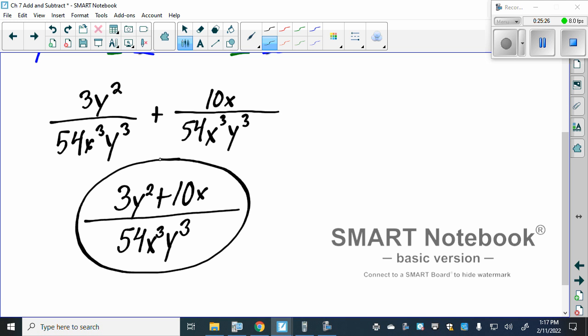Unfortunately, we can't, because we would need something in common on top and bottom, and the 3y squared and the 10x are a single term stuck together. We would have to pull something out to be able to simplify. Any other questions on this here?